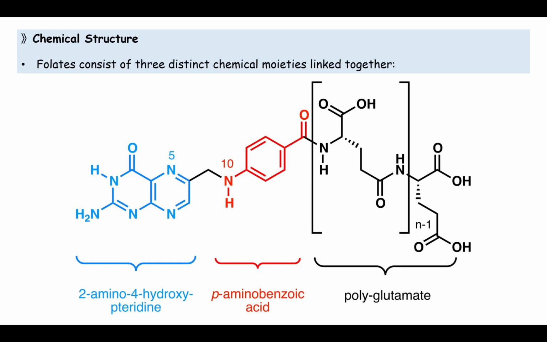One carbon units in various oxidation states may attach to the N5 nitrogen of the pteridine ring and/or the N10 nitrogen of the p-aminobenzoyl group, enabling its role in single carbon transfer reactions. This structural organization is fundamental because it explains how folate derivatives participate in biochemical reactions, especially those involving one carbon transfer.